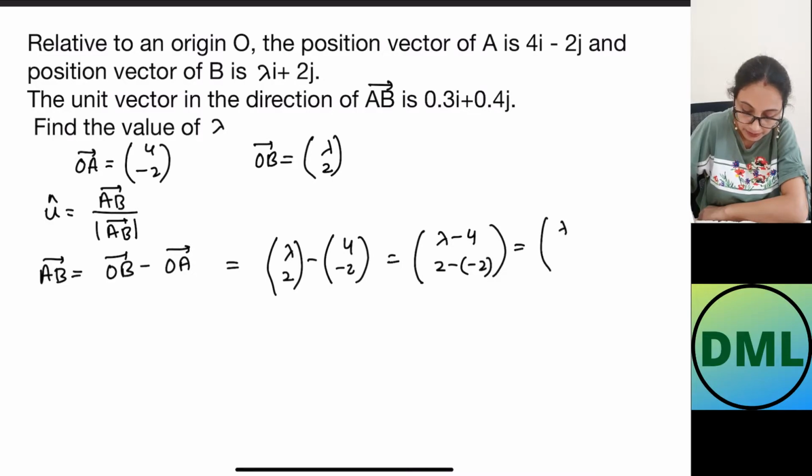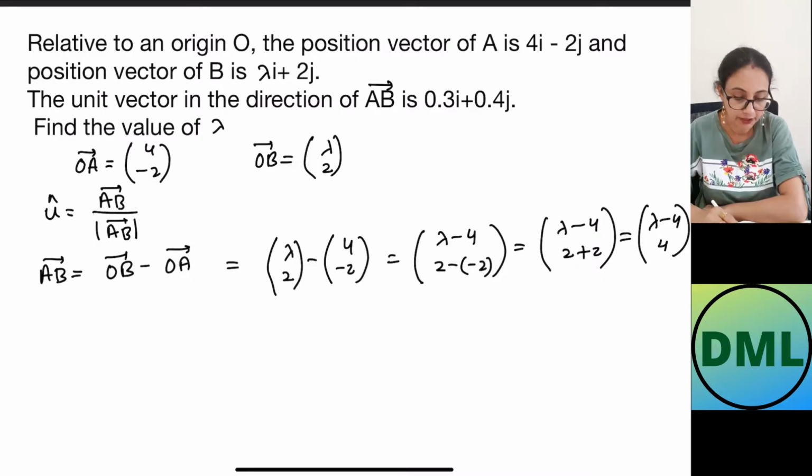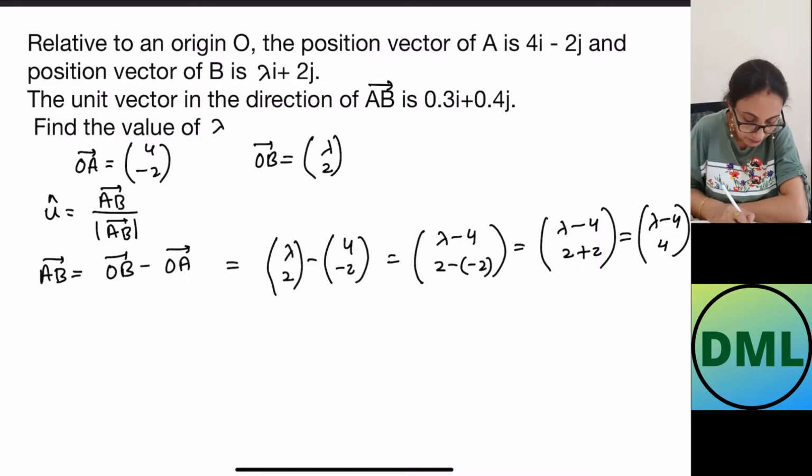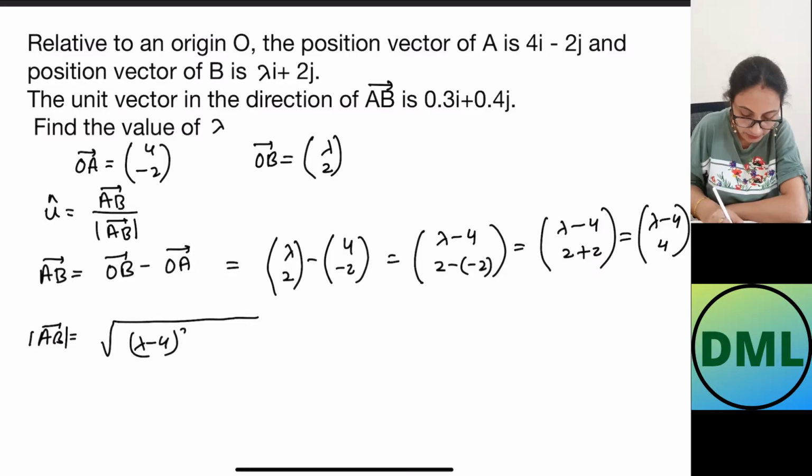So it will be (lambda minus 4, 2 plus 2), that is equal to (lambda minus 4, 4). Now I need to find the modulus of AB. So the mod of AB can be written as the root of (lambda minus 4) the whole squared plus 4 squared.